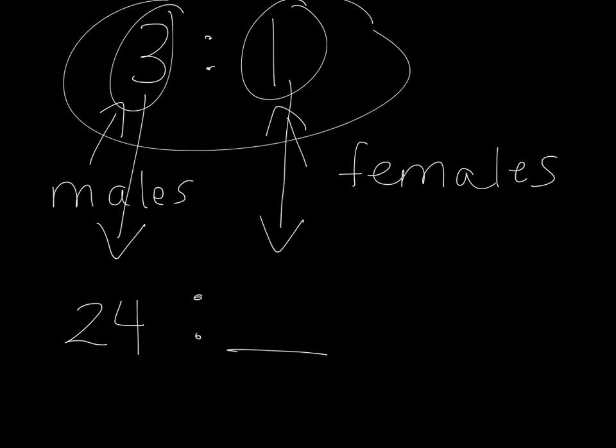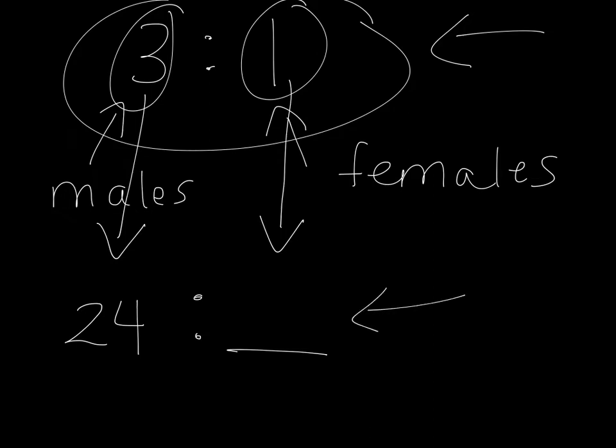3-to-1 is just another way of stating the ratio. It's just like the pizza example that I showed you. I ate half the pizza, but I also ate 2/4 of the pizza, and 3/6 of the pizza. So this is basically the ratio reduced to a smaller form. We have to find out, if 3-to-1 is equal to 24 to what?